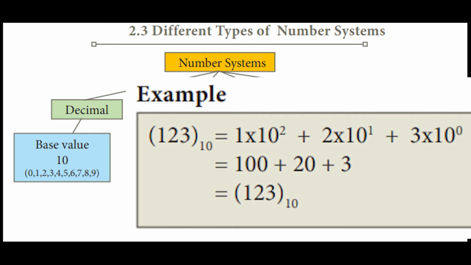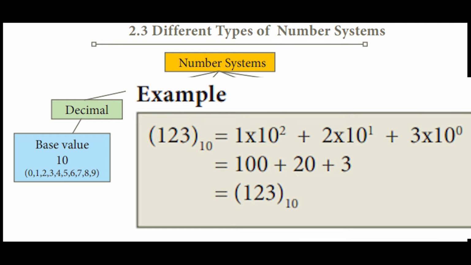If you are having a number, we'll position the number from the right as 0, 1, 2, correspondingly with the digits. That means 123, first we'll see from the right side. 3 into 10 power 0. Next one is 2, 2 into 10 power 1. Next one is 1, 1 into 10 power 2.